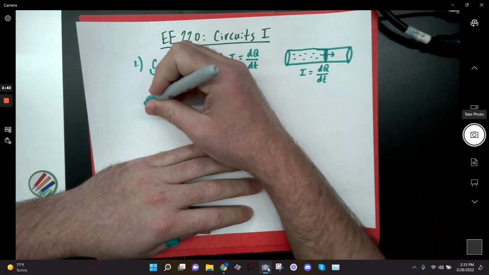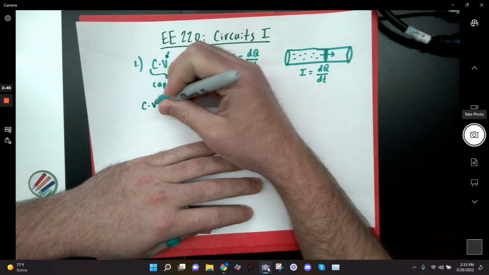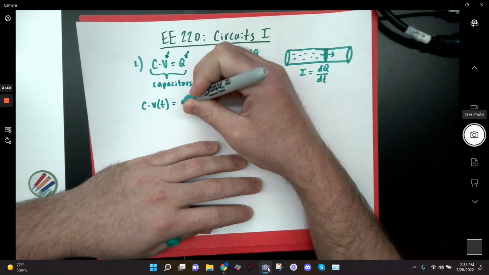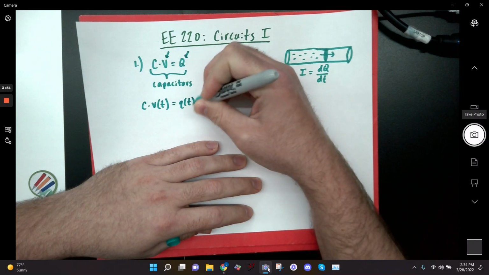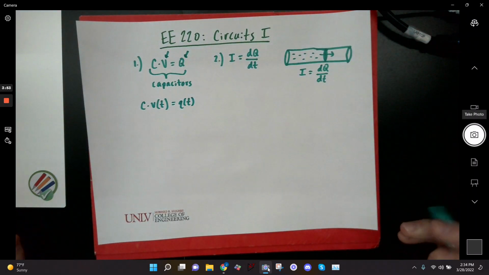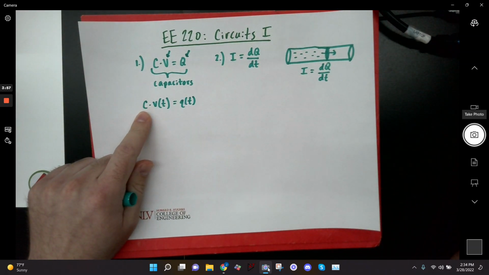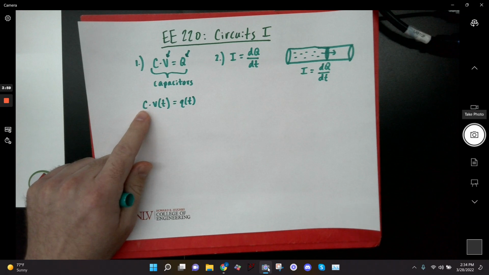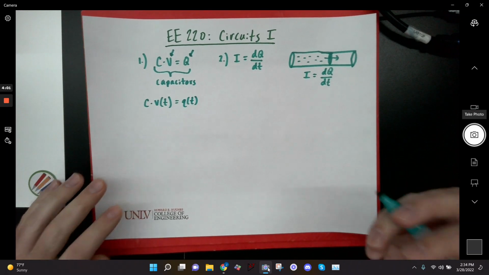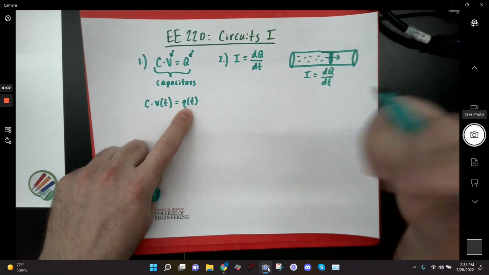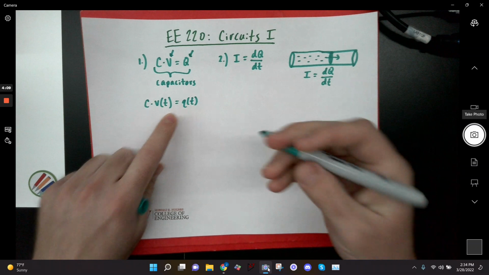So I'm going to rewrite this as C times V of t is equal to Q of t, okay? Capacitance isn't going to change. That's a rating for your capacitor. It's a fixed number. The voltage across the capacitor is some variable. It can change with respect to time, and as a result, the charge stored can also change, okay?